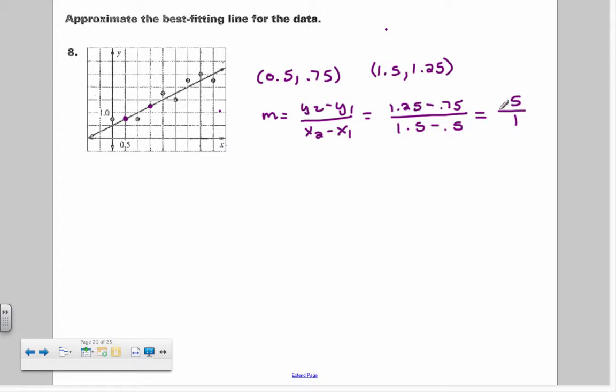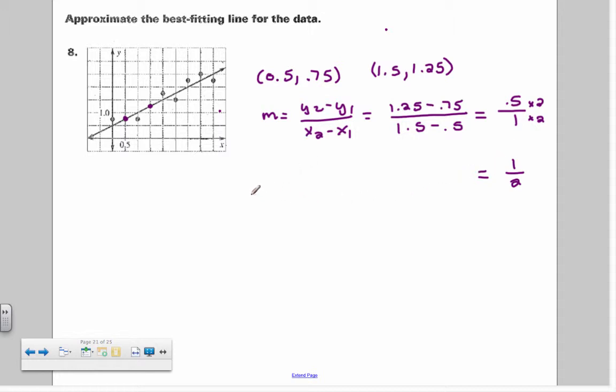Okay, so here I have 0.5 over 1, but for slopes, we really don't like to have a decimal over a whole number, so we want to convert this. So I might actually multiply the top and bottom by 2 so that we have whole numbers on both the top and bottom. And then my slope becomes 1 over 2. So here I have my slope, and now I need to find my y-intercept.